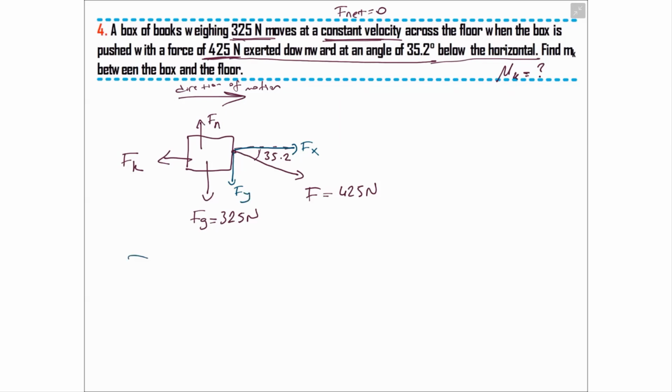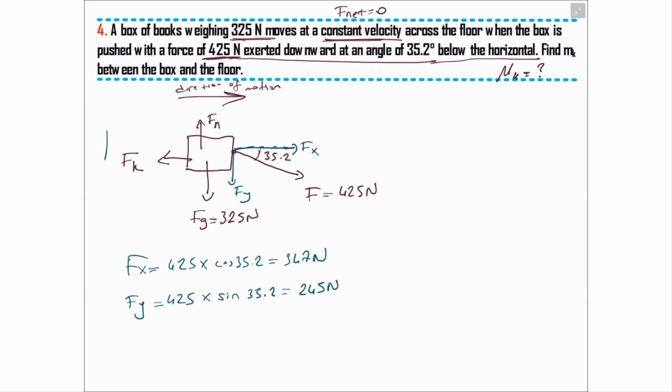Fx here equals 425 times cosine 35.2, and that equals 347 Newton, and Fy equals 425 times sine 35.2, and that will be equal to 245 Newton.